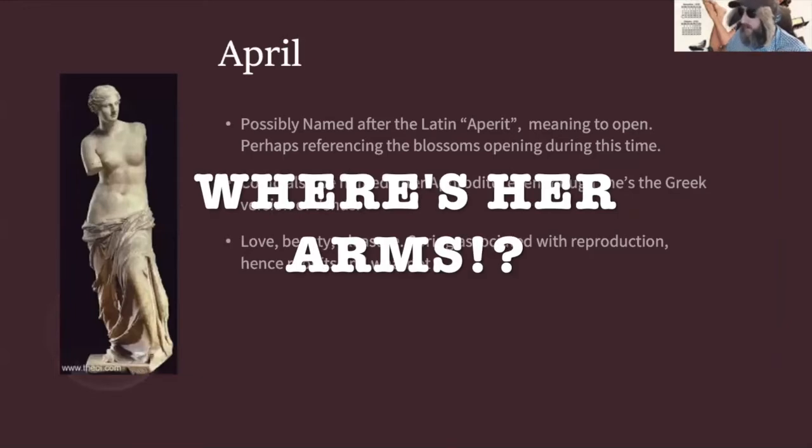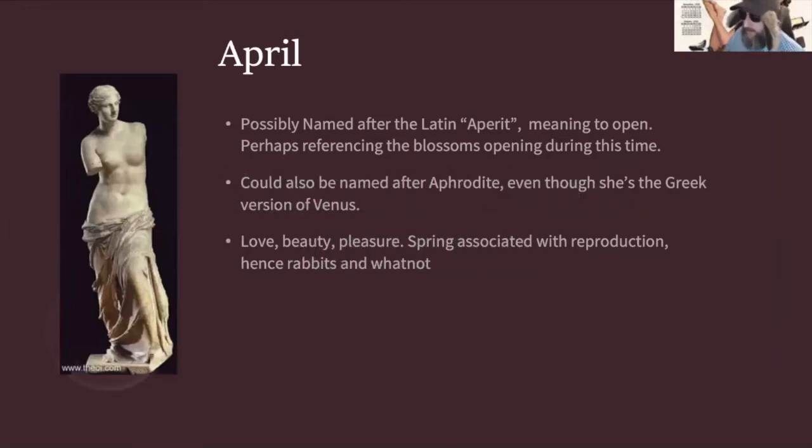Okay, here we go. April. Historians, I guess, are a little confused on this one, but they say that it's possibly named after the Latin aperit, meaning to open, which makes sense because it's probably referencing the blossoms opening during this time with springtime and everything coming about.